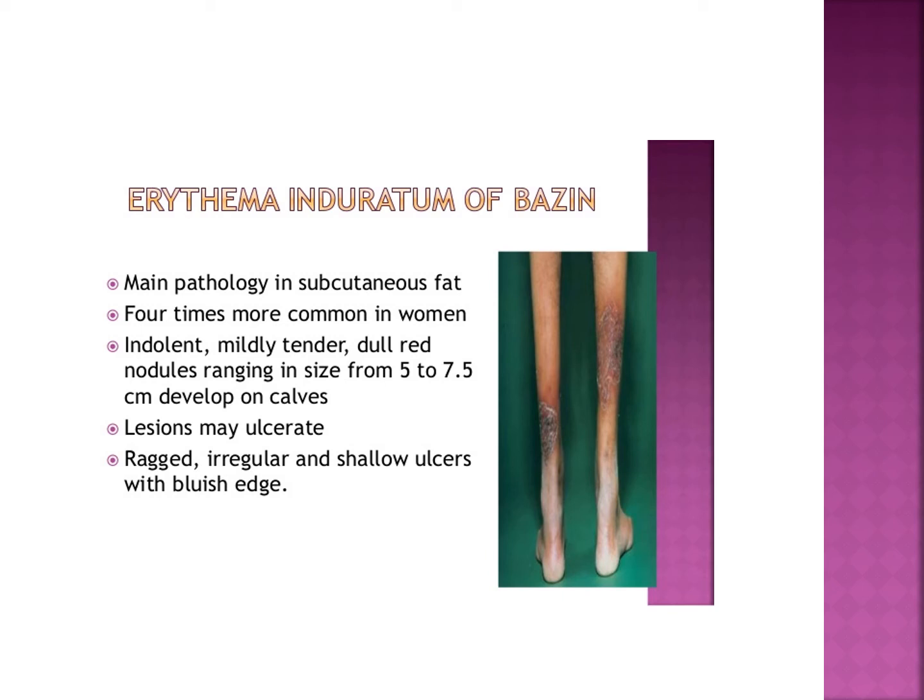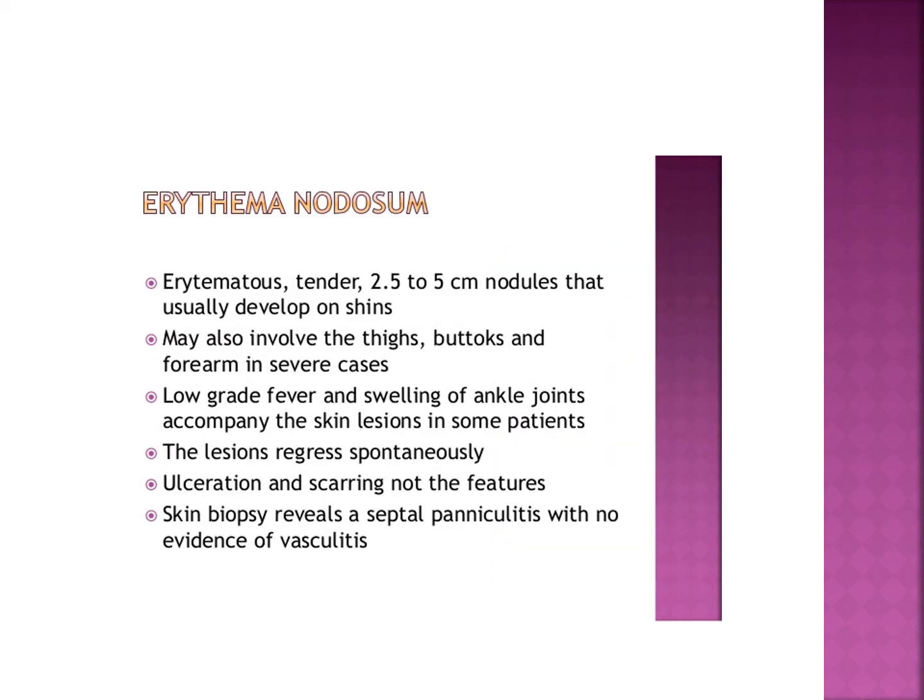They may ulcerate, involving deep cutaneous or subcutaneous tissues, and the margins are irregular and undermined with bluish margins. So this is another type of cutaneous tuberculosis presentation.